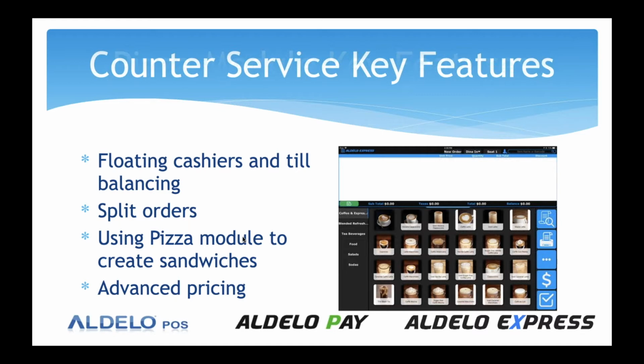Therefore, if they wanted to change the price of their drinks, their soft drinks, that's easily done with the advanced pricing module by separating by group and category, then selecting that group and category, then to change the price up or down. You can go up by 25 cents or whatever you like, but it would then shorten and make easier the time it would take to change all the prices.